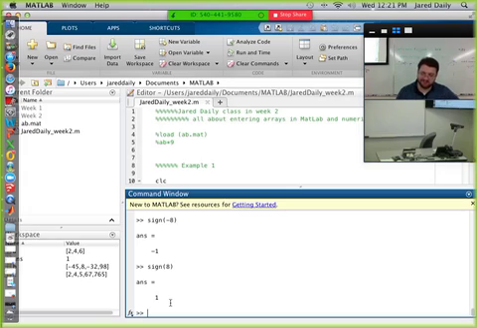This seems kind of dumb to have a function that tells you what the sign is. I can see what the sign of the number is.